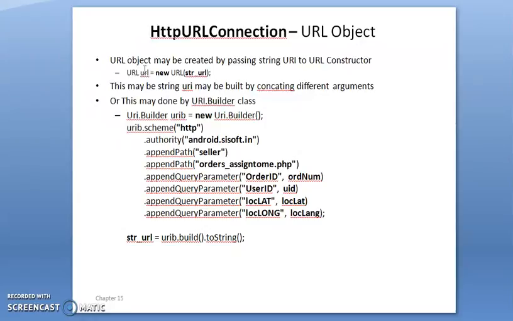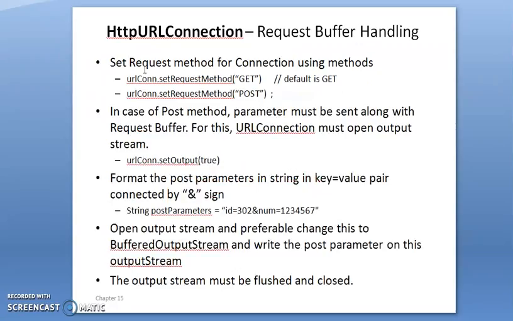Having opened it, now we have to see how we handle the request. For the request, a lot of parameters can be set. Here we are setting a few, like what kind of request method we are going to use. Are we going to use GET or POST?